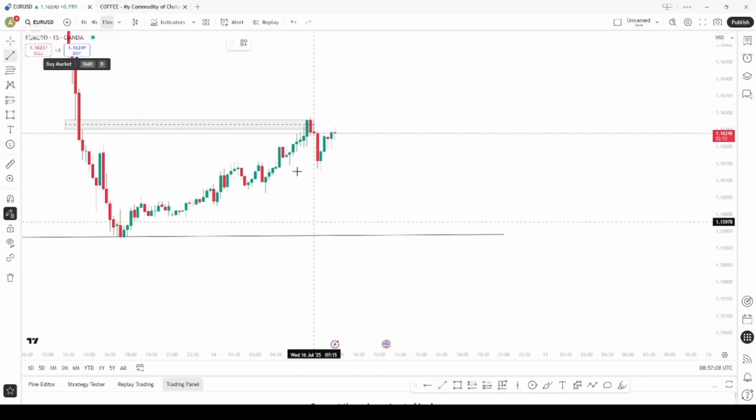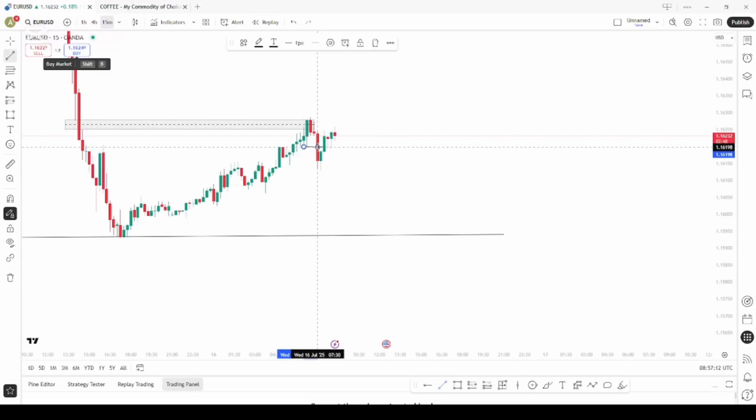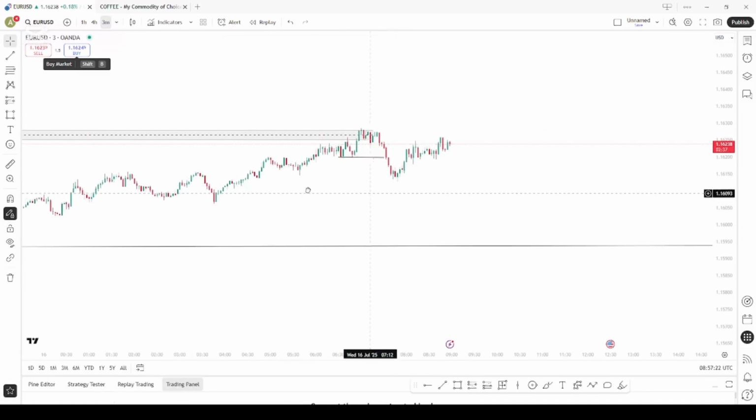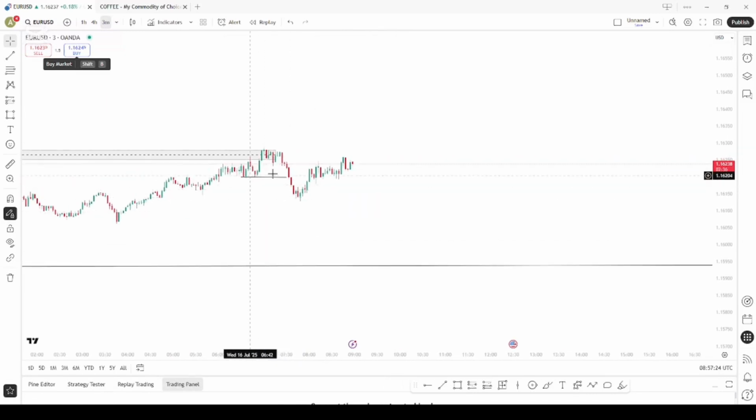If the imbalance happens, we normally have to get what we call a shift in structure. It has to create a minor trend. Price comes, breaks structure, then boom. It has to come back and retest, and this is the zone that price retests from.